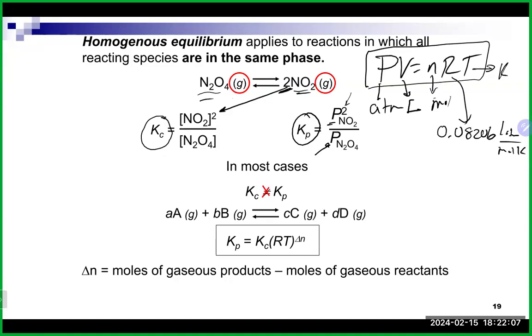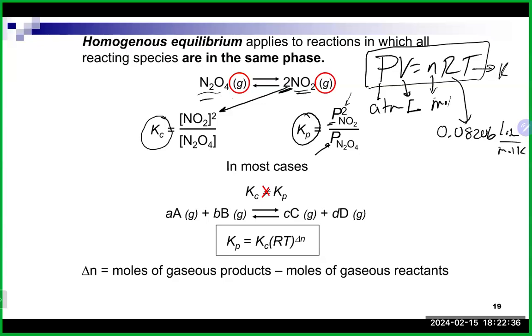I will say in the case of pressure, and it may not make a lot of sense right now as we're talking about it a little bit later on in this chapter, it will hopefully. Typically speaking, when you do true equilibrium type of problems, not really like what we're looking at right now, but later on when we do the heart of equilibrium calculations, if you have pressures, you should usually get them into atmospheres when you're doing the actual equilibrium calculation.